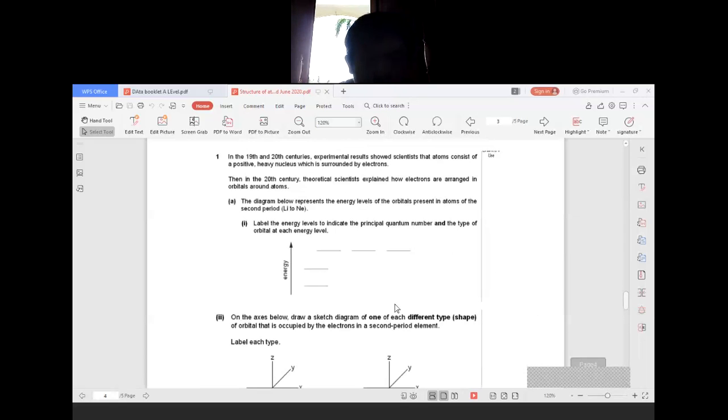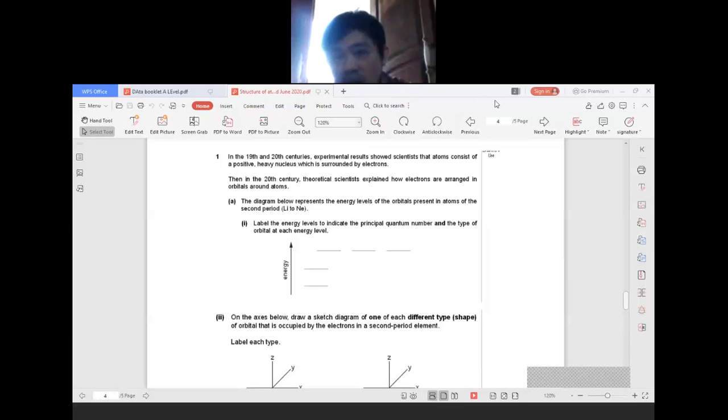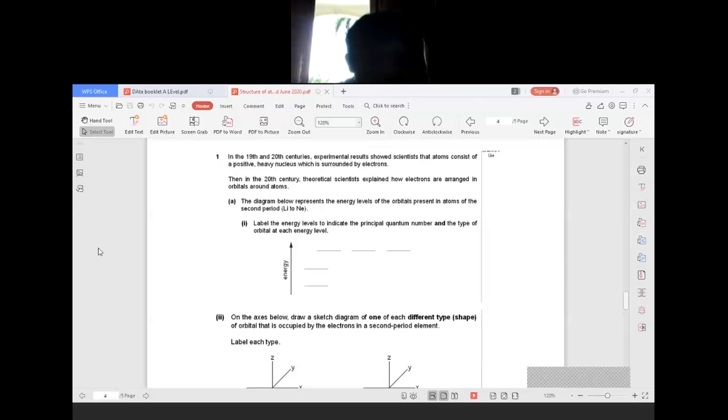Now this one is the energy level. We have to label the energy level to indicate the principal quantum number. It is only asking for that. This is written 1s. No need for the number of electrons.